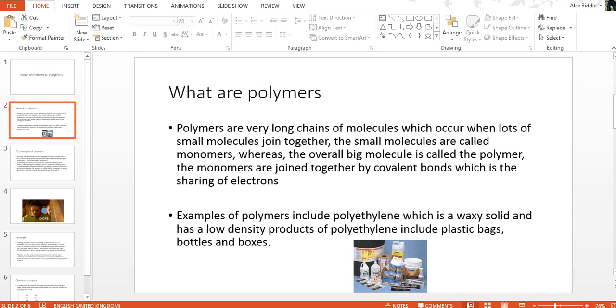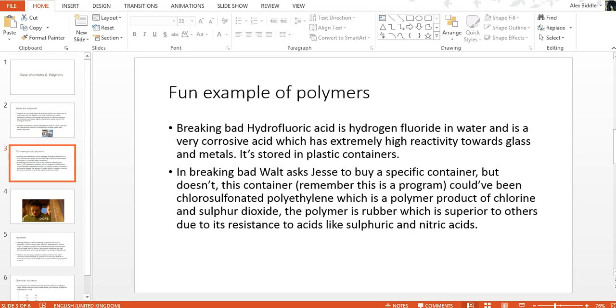An example of polymers is polyethylene, which is a waxy solid and can be made into plastic bags and bottles. In Breaking Bad, the chlorosulfonated polyethylene, which is a polymer product, can withstand the high corrosiveness of the hydrofluoric acid because of the arrangement of the monomers and polymers within it.